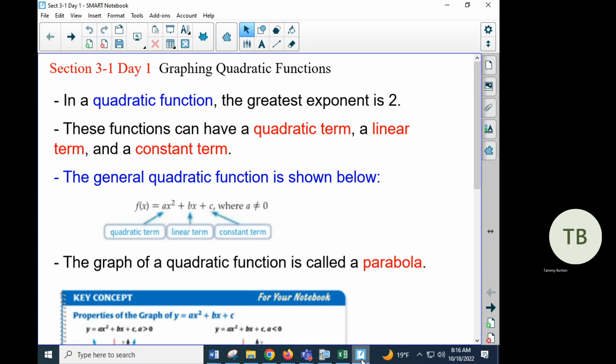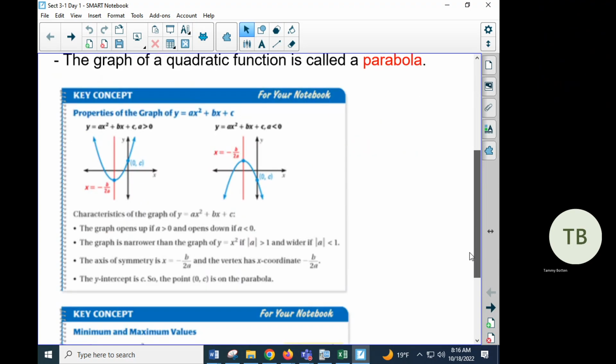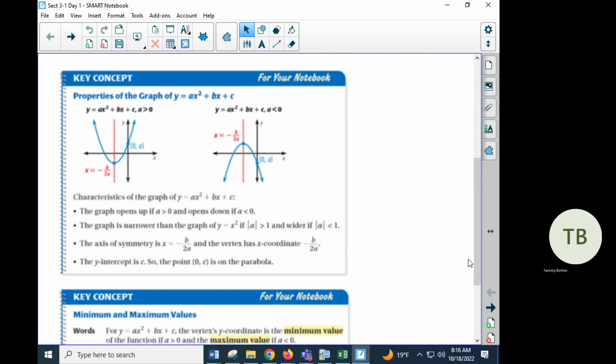So we're going to be graphing functions that have an x squared. What makes something quadratic is that x squared, and it's going to be a parabola opening up or down, okay? This is the general equation of a parabola: a in front of x squared, plus b in front of x, plus your constant.